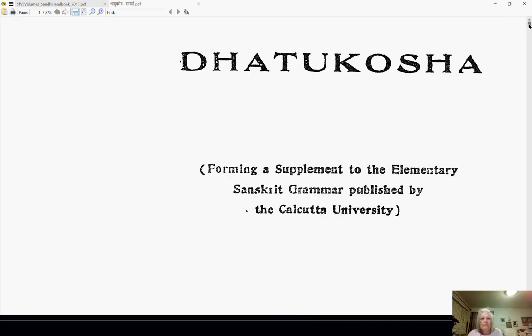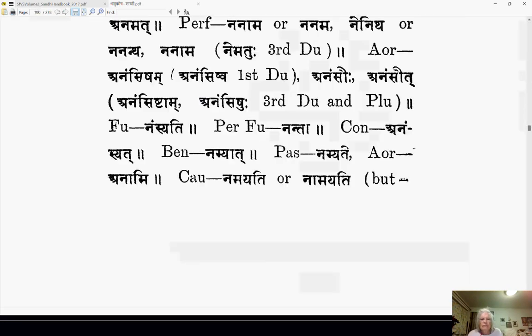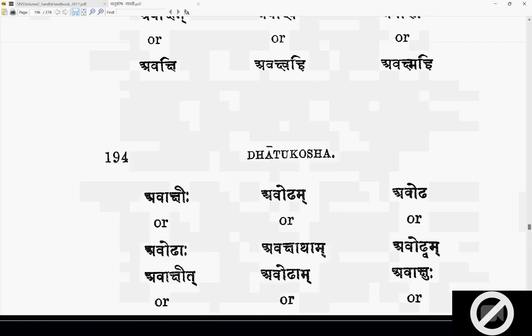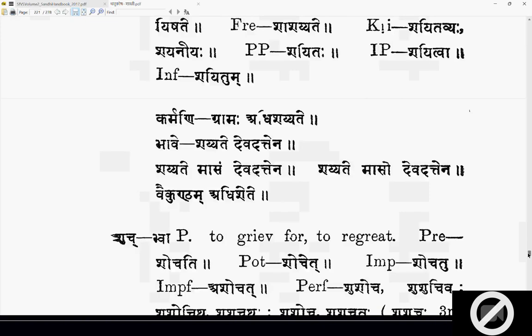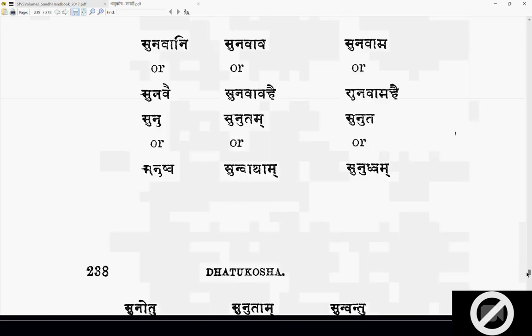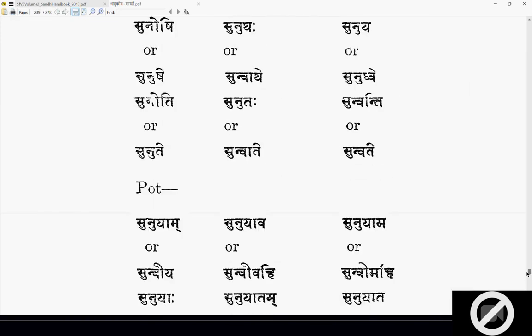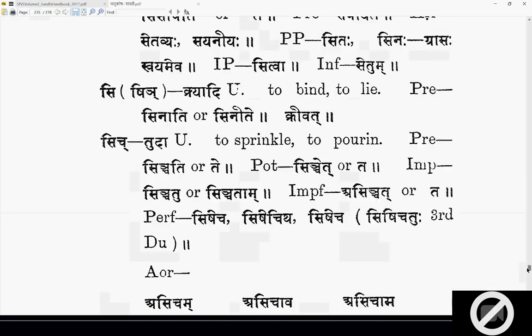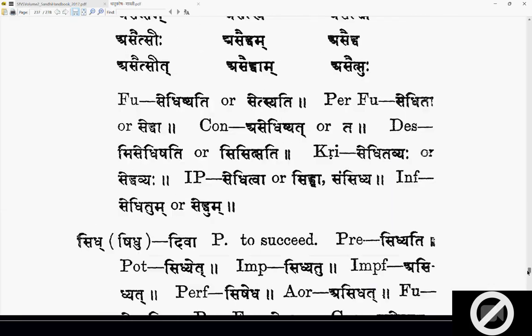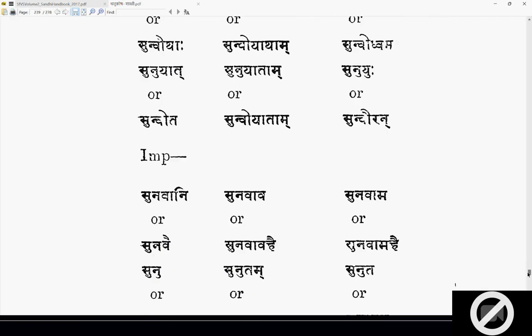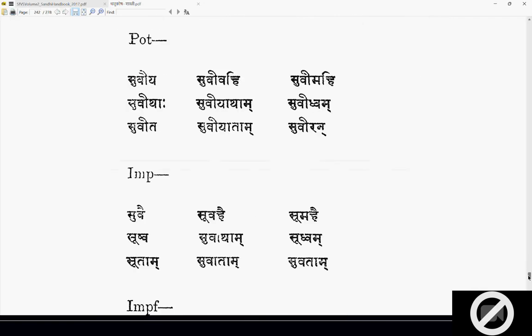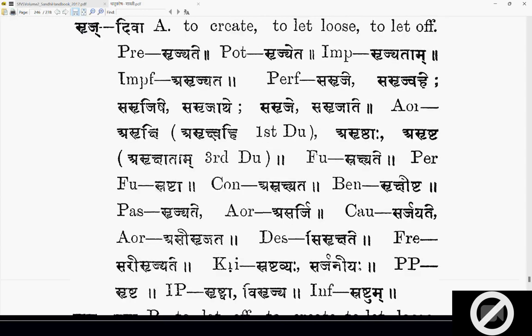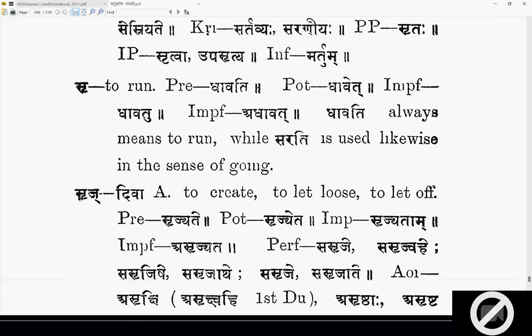This one doesn't have all the verb roots, but most of them are there. For example, let's say srija. Suppose you go to sa, yara, lava, sha, sa. See, here, srija.